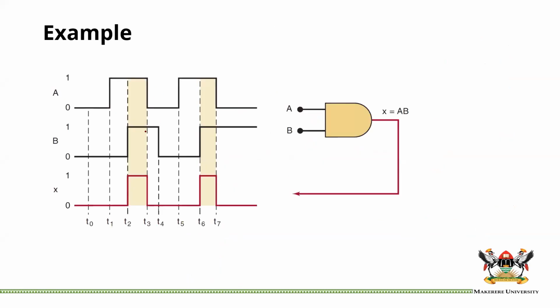If we look at this, we have two inputs, A and B, and we have an AND gate. So if you're looking at this, we say these are timing diagrams. You're looking at points where both inputs are high, because those are the points where you're going to get a high. And you can see that generally here both are low.